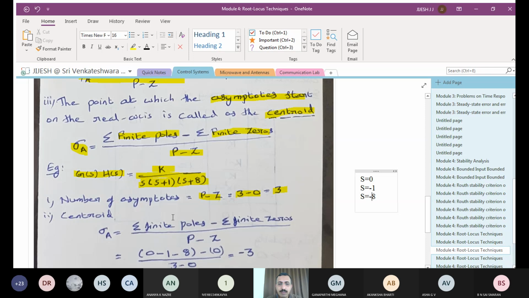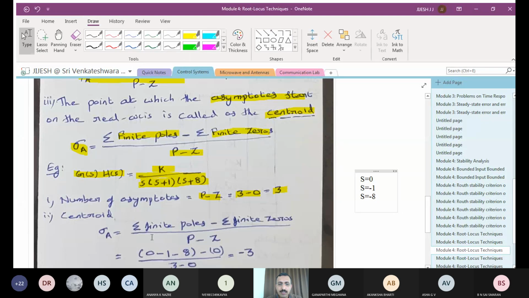So the summation of finite poles is 0 plus minus 1 plus minus 8, so you got the summation of poles as 0 minus 1 minus 8. Summation of finite zeros: is there any zero available?